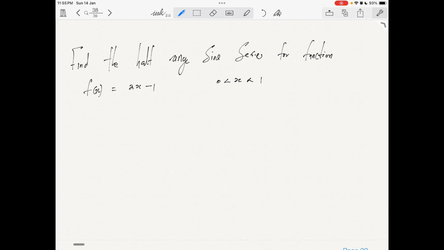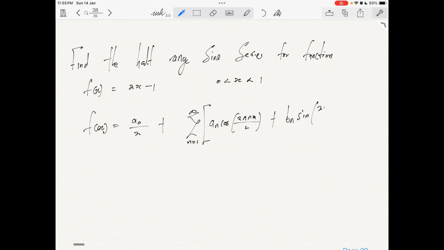We can recall that f of x is equal to a naught over 2 plus the summation from n equals 1 to infinity of an cos 2 pi nx over L plus bn sine 2 pi nx over L. This is the formula we use for Fourier series over any range.